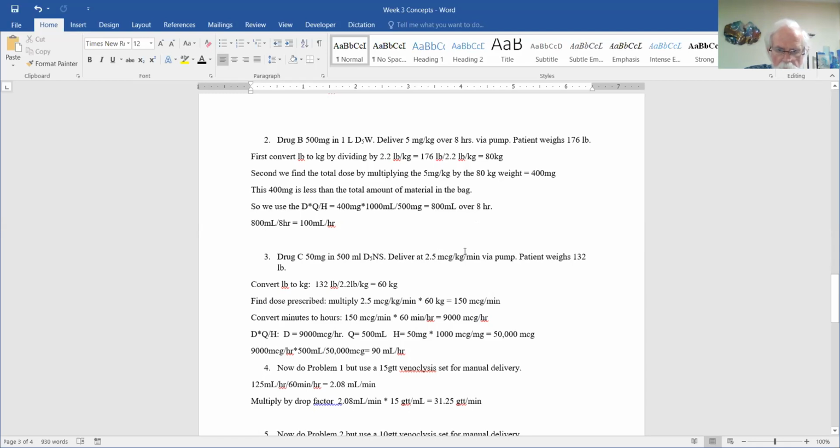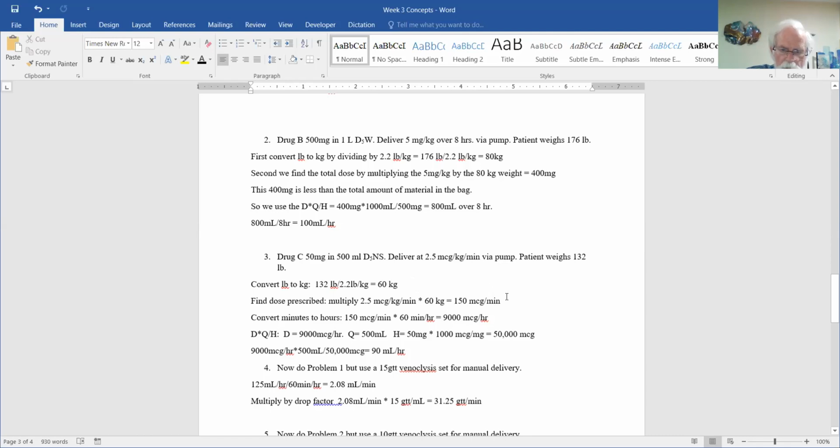So we know that if we see micrograms per kilo, we're going to multiply that by the kilo weight. So we convert that. The patient weighs 132 pounds, so we get 60 kilograms. So we know that we're going to get 150 micrograms per minute.